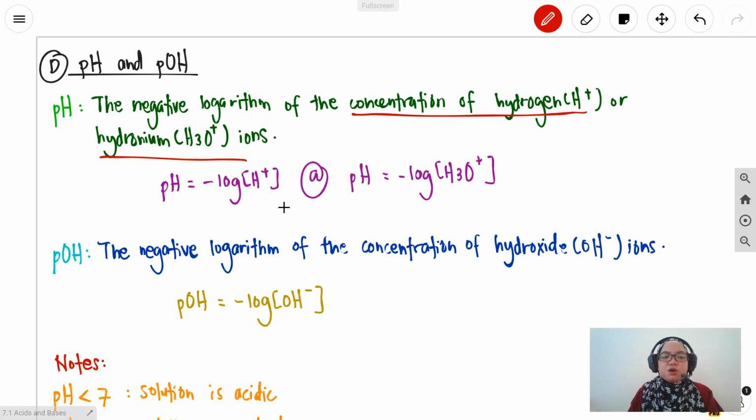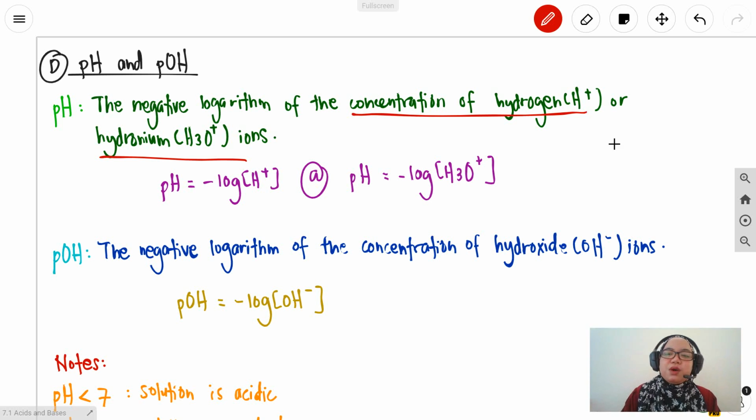So pH equals negative log concentration of H plus, or pH equals negative log concentration of H3O plus. This means that if the question gives you the concentration of hydrogen ion or hydronium ion, we can use it to find pH, or if we have pH, we can find the concentration of hydrogen ion or hydronium ion.